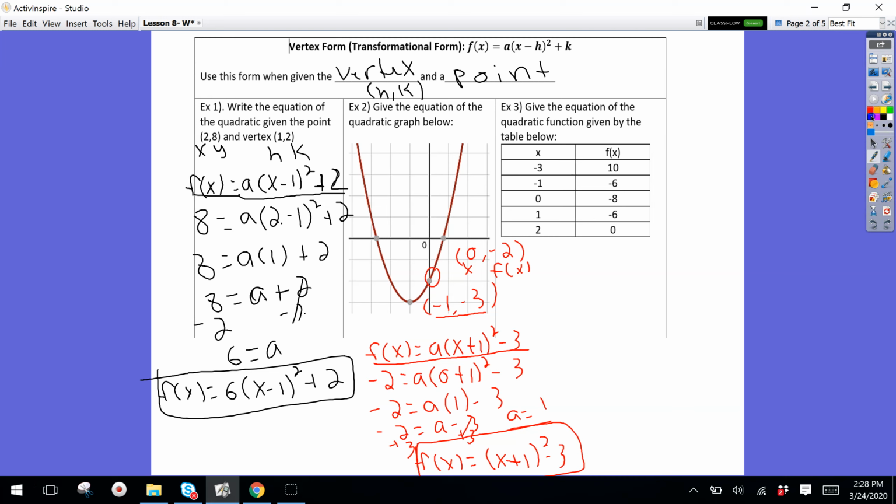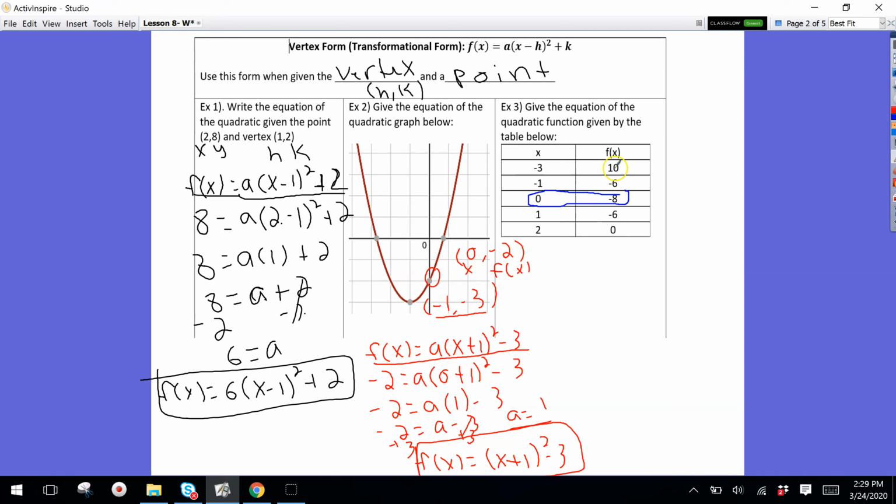Okay, so now in this next example, we have a table where we're going to try to find the vertex. So again, the vertex is a changing point. So if you notice, it goes from -6 back to -6 right here. So our vertex here is this point. Some people are probably wondering, well, why does it go from 10 to 10? Well, if you notice here, it was counting by ones, and here it like skipped the number.